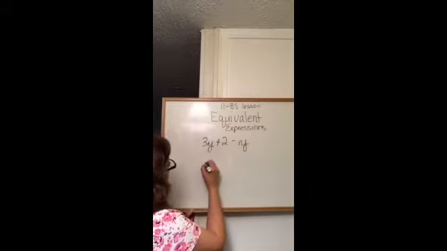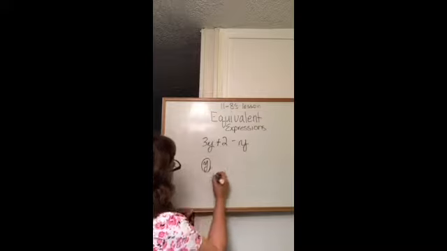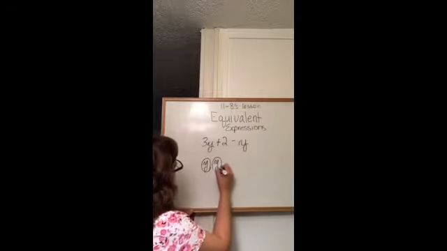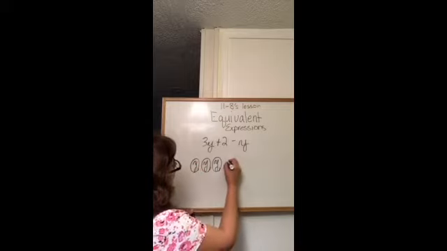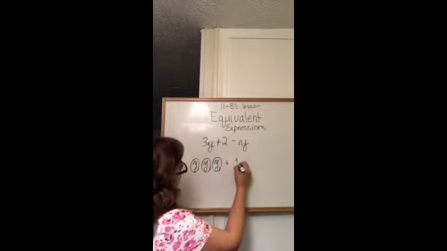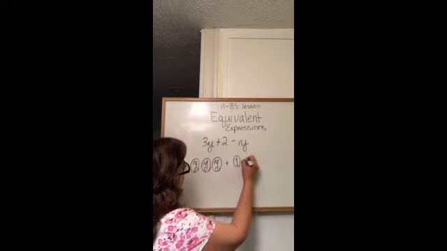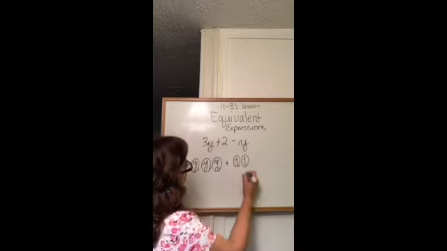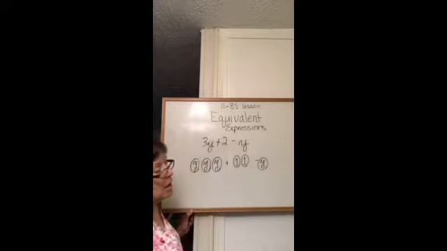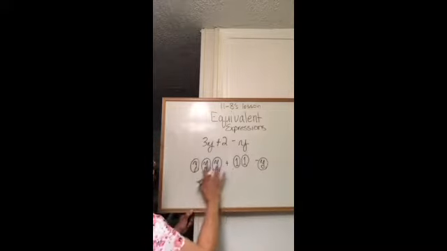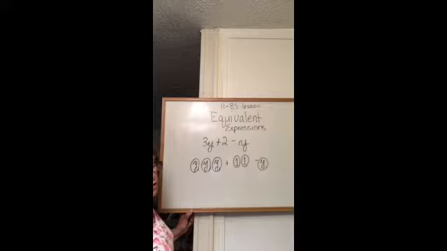Here's 3 y's, 1 y, 2 y's, 3 y's, right? Plus 1, 2, minus a y. So I have drawn out this expression.